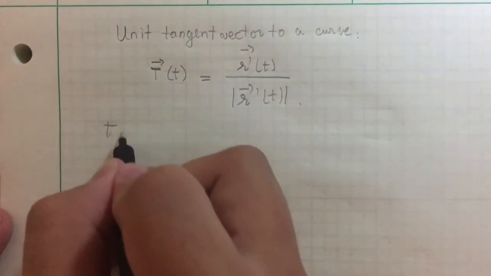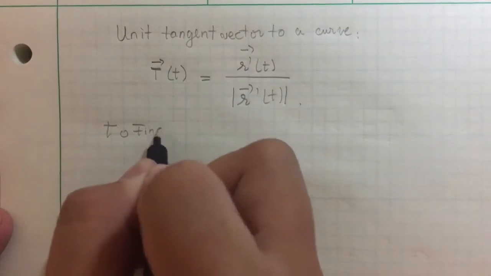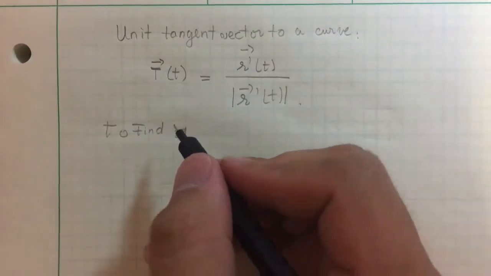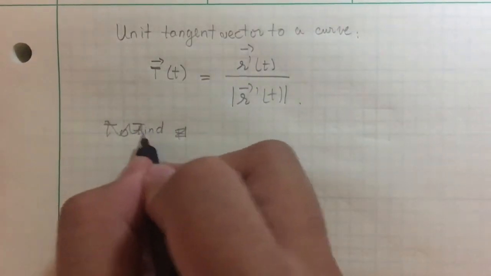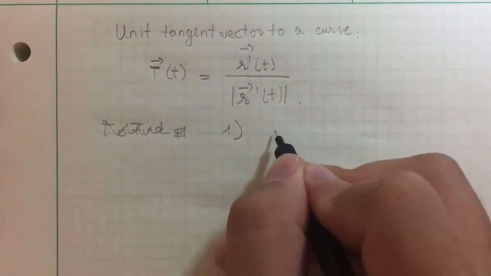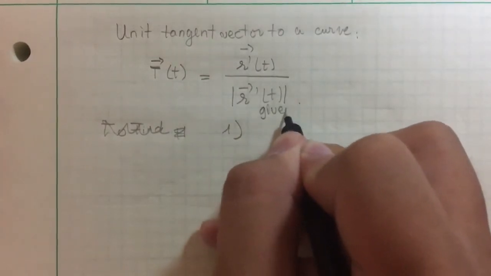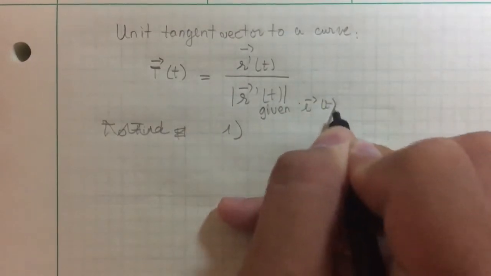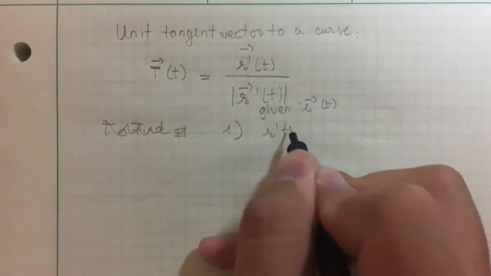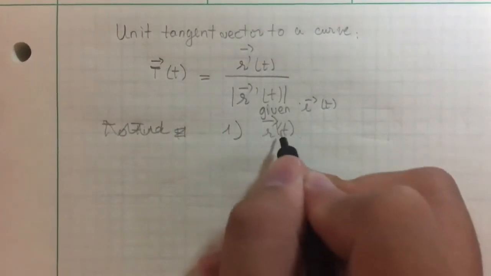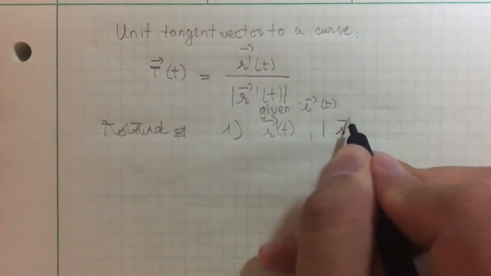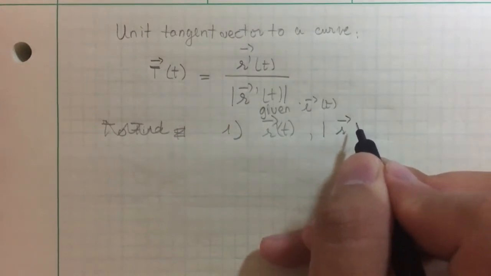So to find the tangent line to a curve, we have 3 steps. First, given the position vector, we find the first derivative of that, and then we find the unit vector, the magnitude.